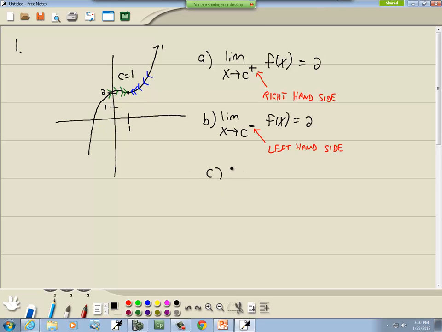Okay, so C. It's asking the limit as x approaches c of f of x. And put a note here. We saw this in an earlier section, but just to refresh your memory.